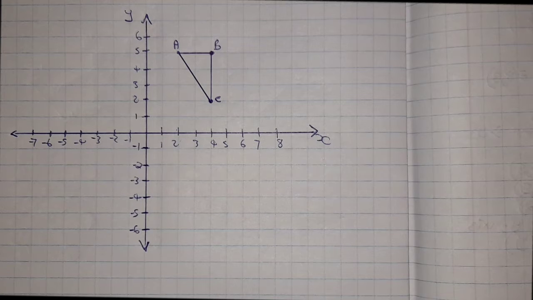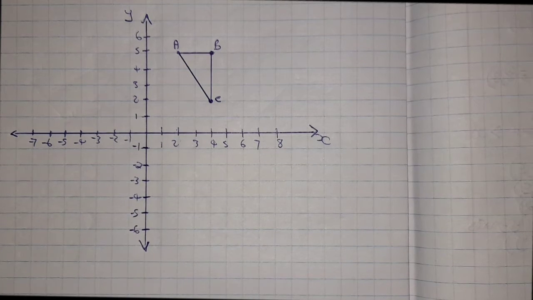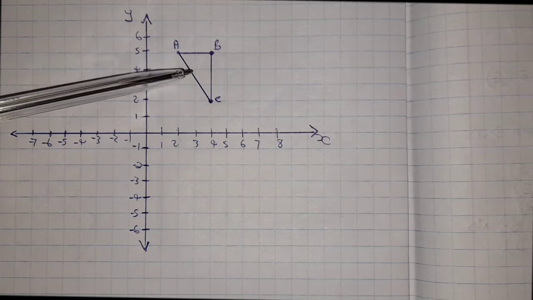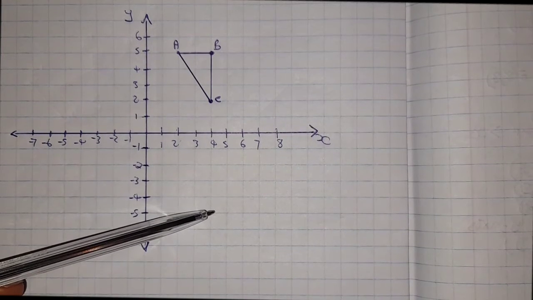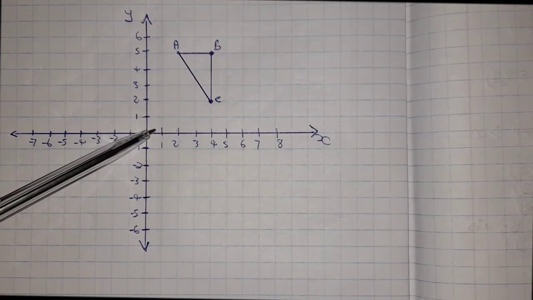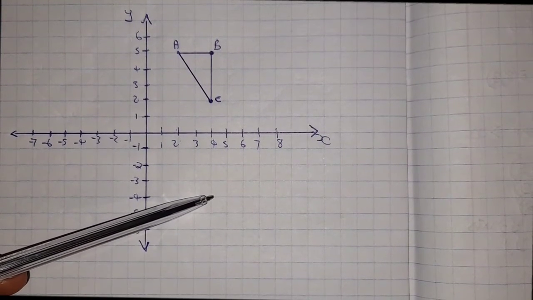Now we want to reflect triangle ABC along the x-axis, so our x-axis is now our mirror line. If we reflect this triangle along the x-axis, the image comes to the 4th quadrant, right?